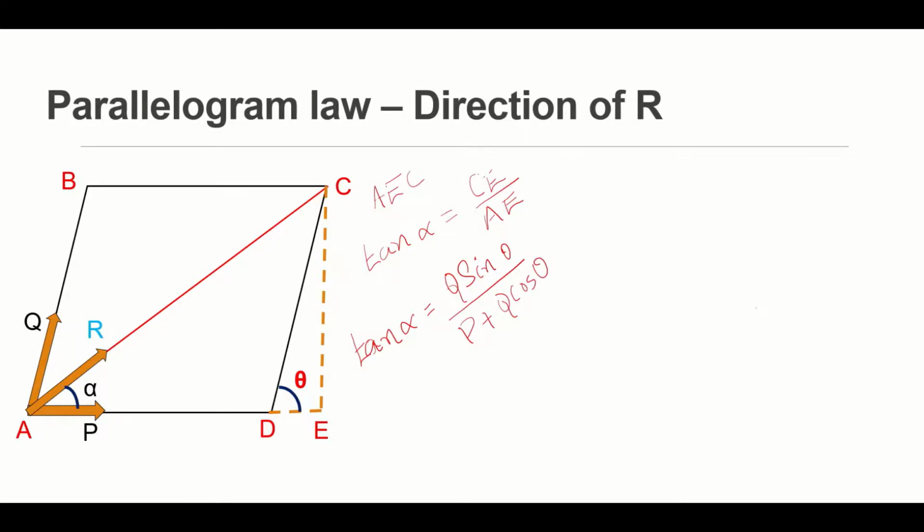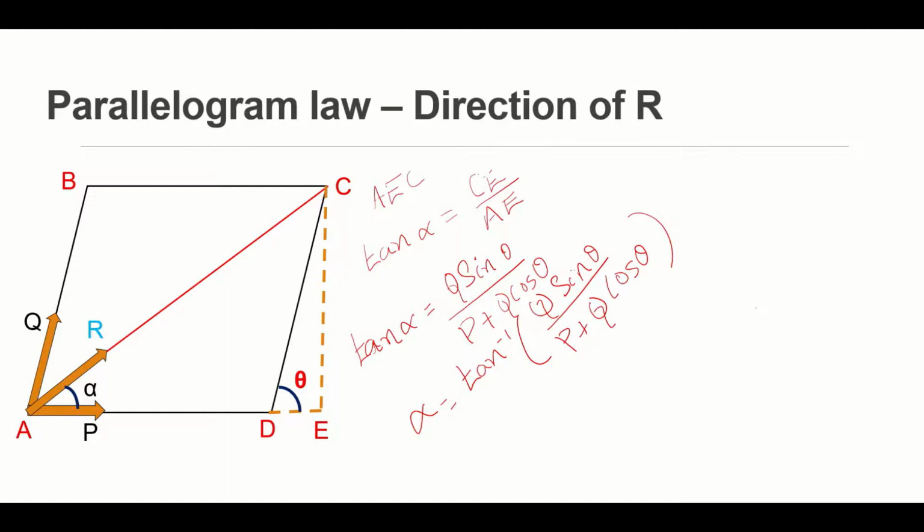So the direction of the resultant is given by alpha equal to tan inverse, what is that? Q sin theta divided by P plus Q cos theta. In this way you need to find out the angle.